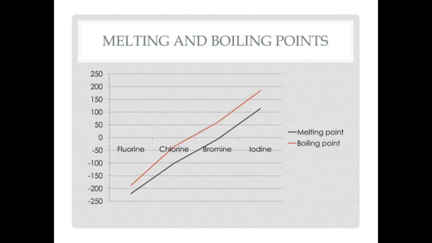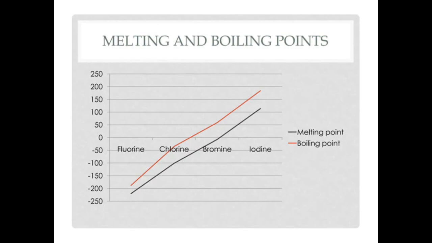Then let's look at, interestingly, the melting and the boiling points of the halogens. You observe that the melting and boiling point is also increasing down the group.